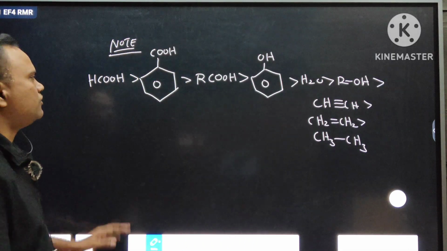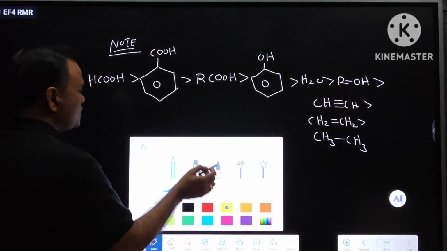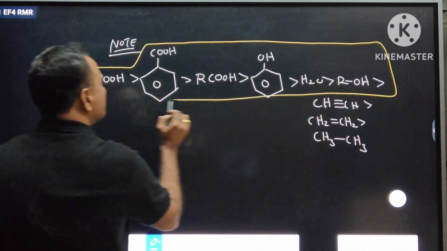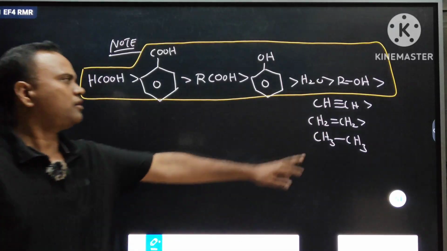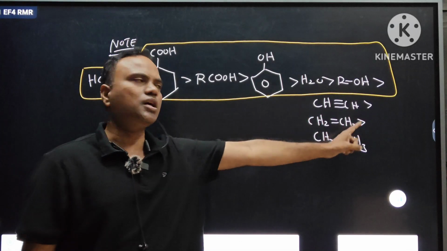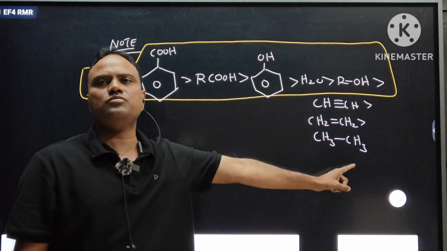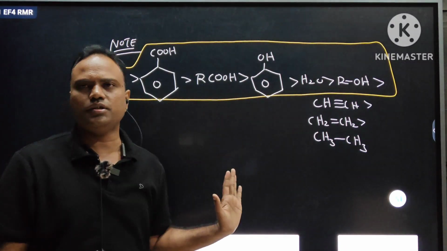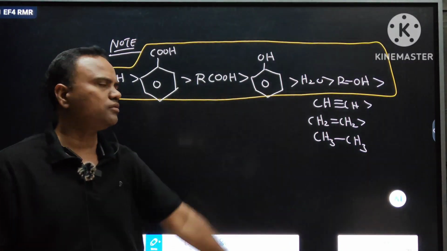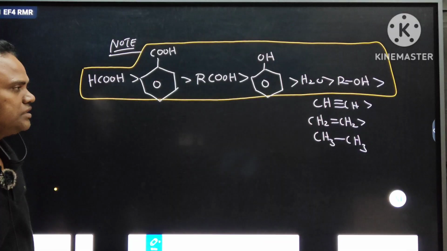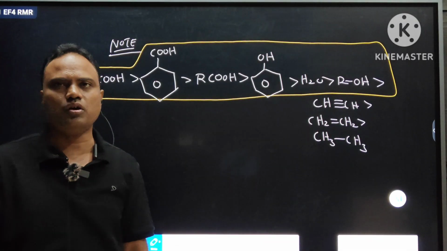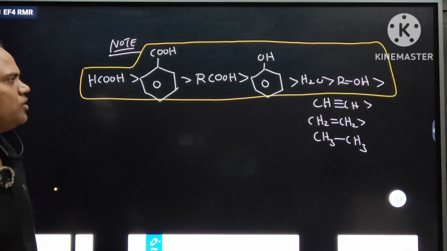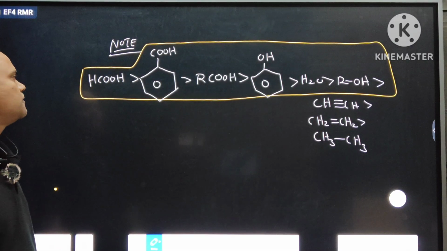This is the overall order. The first box is important. The remaining is optional only. Alcohols are more acidic than alkynes, alkynes are more acidic than alkenes, and alkenes are more acidic than alkanes. But this box is important, right? This order is optional, but the examples in the box are important.